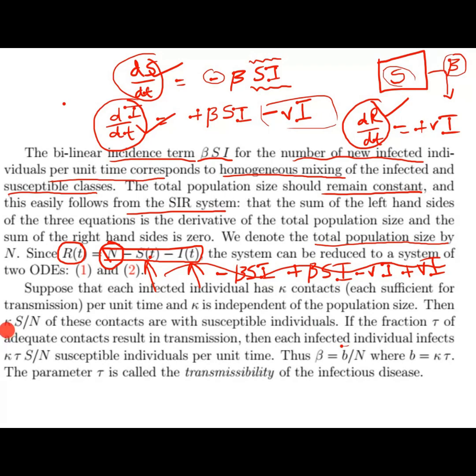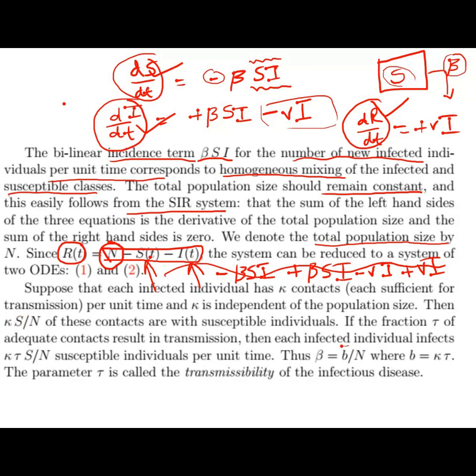In other words, we are simply saying, look, a portion K of the susceptible. So this is a portion K of the susceptible divided by N. So it means that of the total population, we have got a portion K of the susceptibles. I think it makes sense. It must make sense to you.